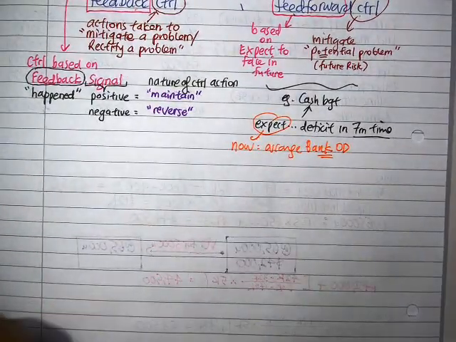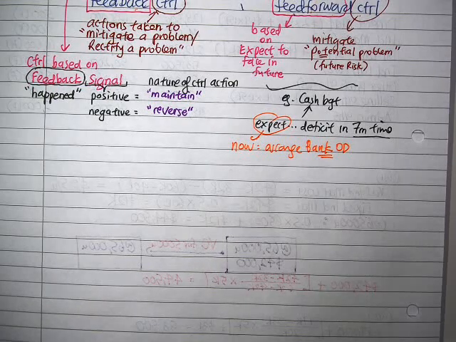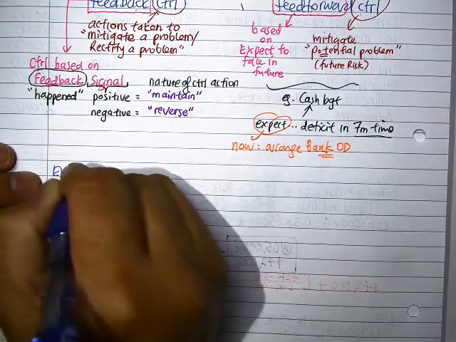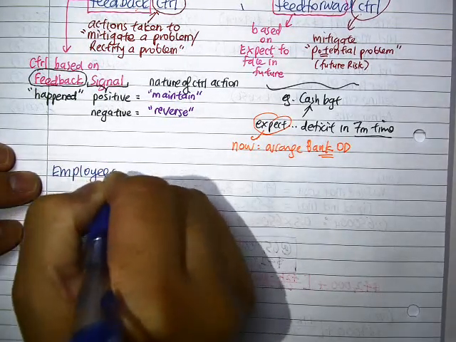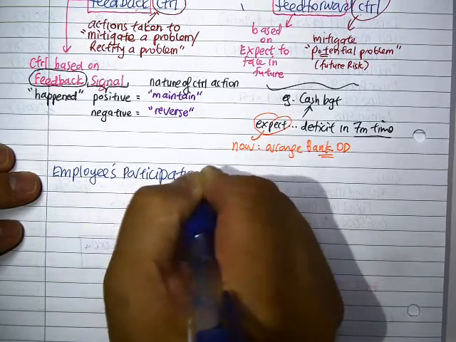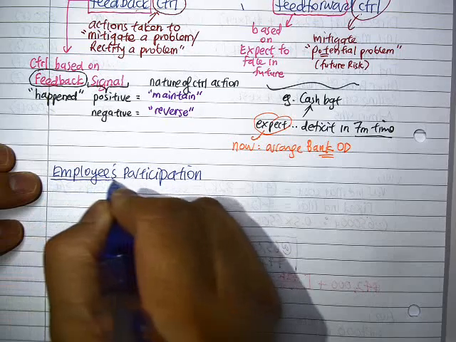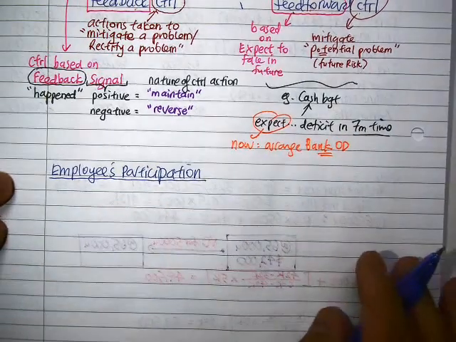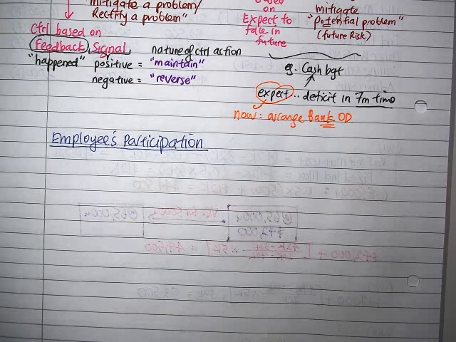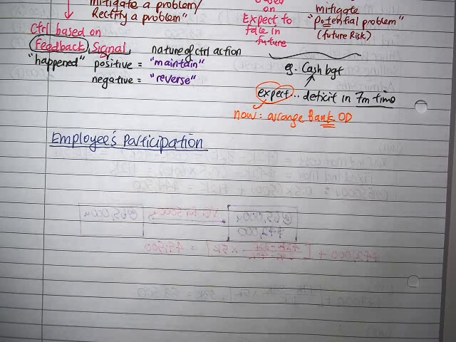So that's it. That's about the feedback control and feed-forward control. Now, the next thing that we're going to see is the employees' participation.